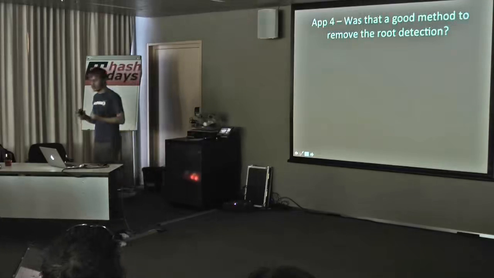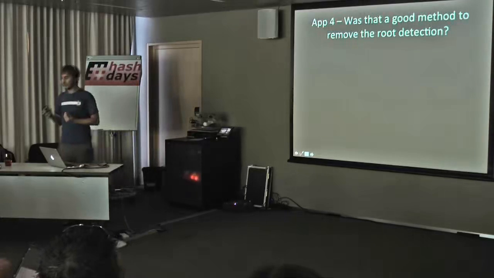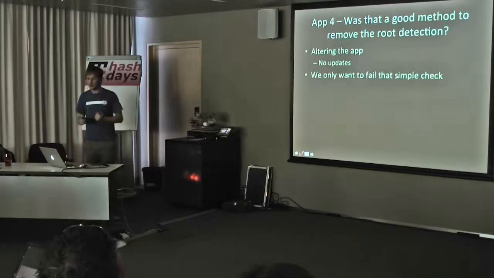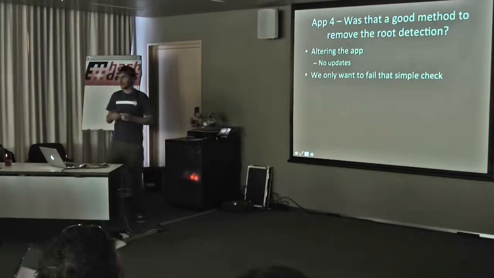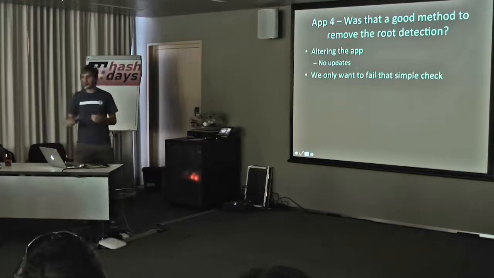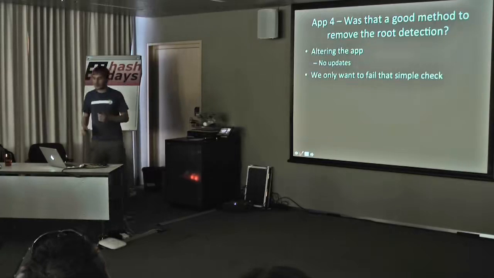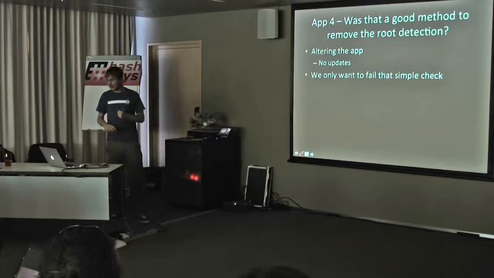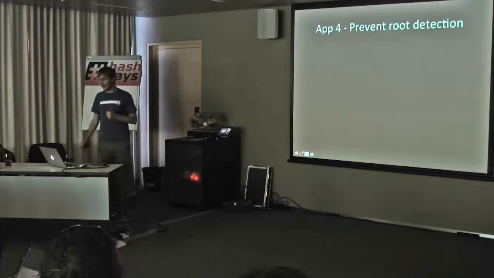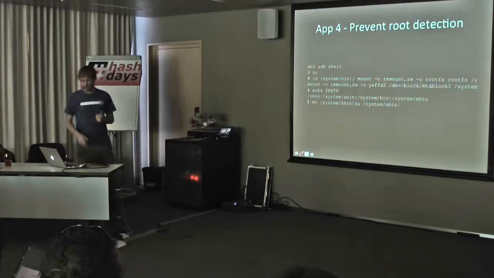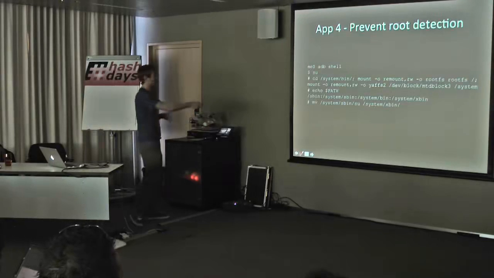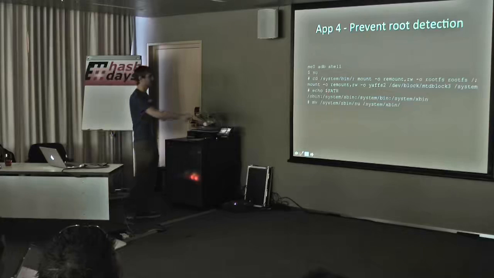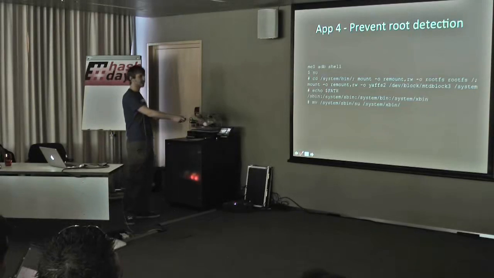But what I was asking myself was, is that a good method to remove the root detection? Because every time there's an update, I have to do this disassembling, changing, and reassembling again. And actually, we only want to fail that simple check. So to prevent the root detection, what I did was look into the path variable and just move the su command from system sbin.su to system xbin.